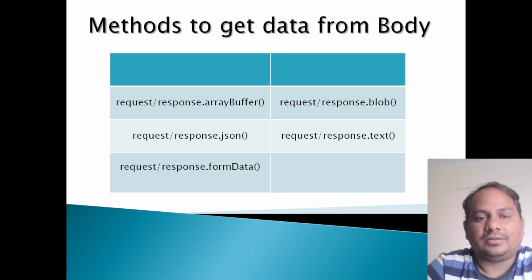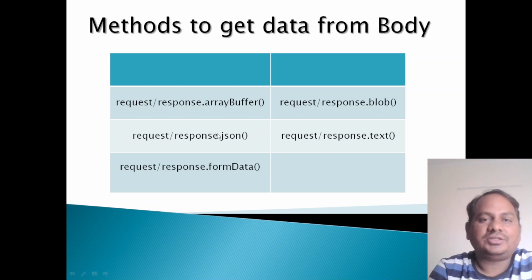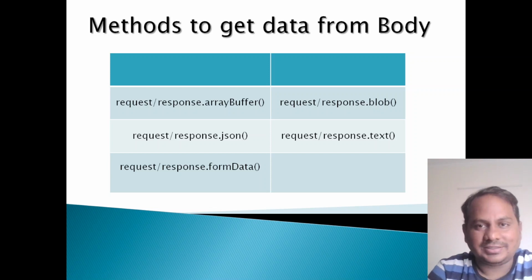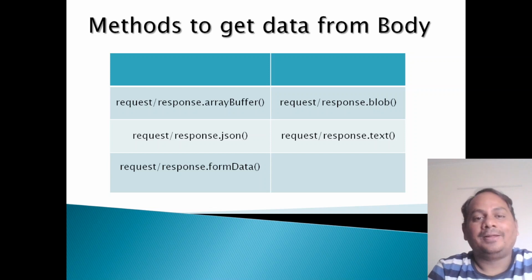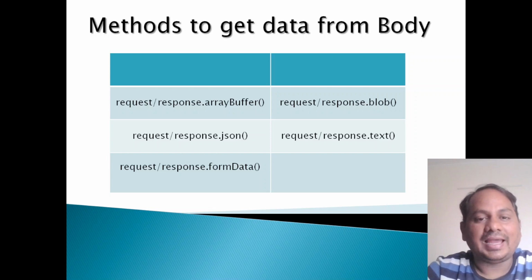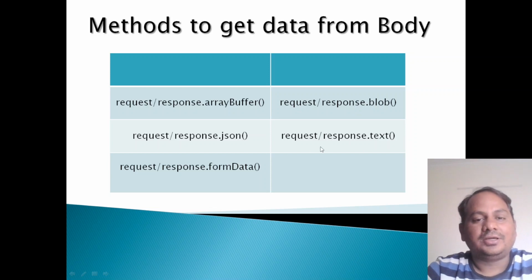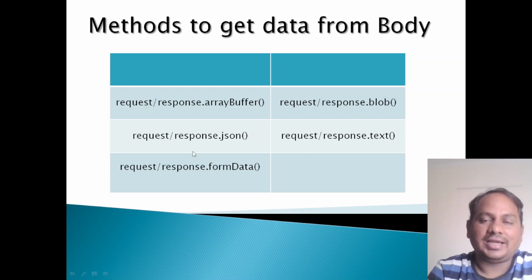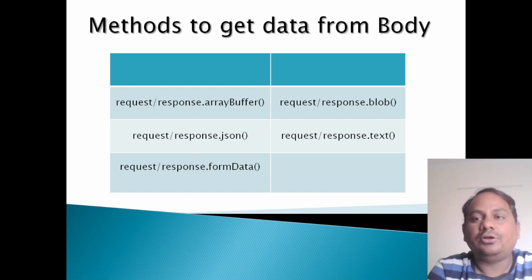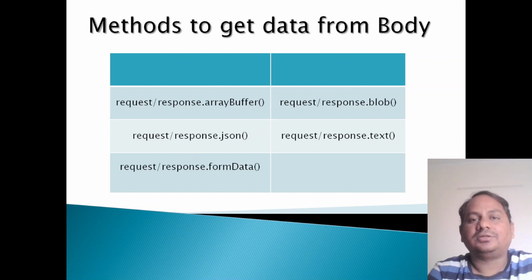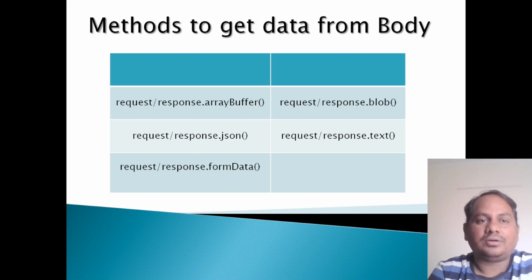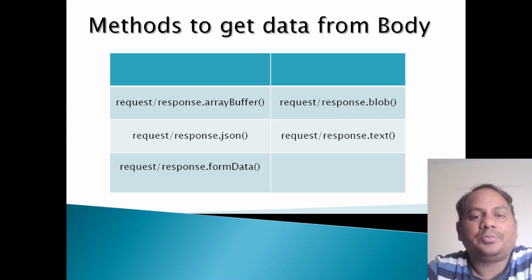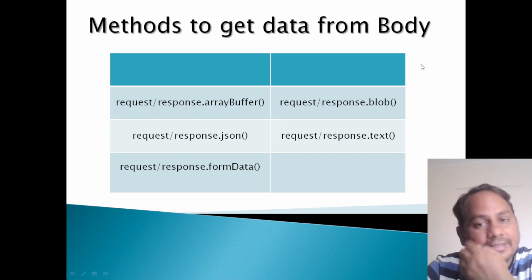Remember that if we have JSON in the response, we can only get the JSON, we can't get the blob. Although we can maybe get the array buffer or get it like text. But if my response body has a blob, we can't get it as JSON. So you need to know what you are expecting from the response body, then you can use the appropriate function.